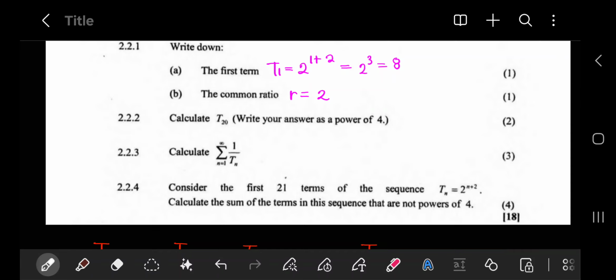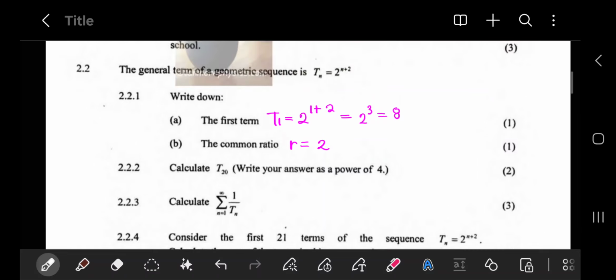Now for 2.2.3 they say calculate, and notice what they've done here. We've got a sum to infinity. It is starting off as the first term, and our general term is now 1 over Tn. So the good thing is that we already have the general term, which is given to us as 2 to the power n plus 2.